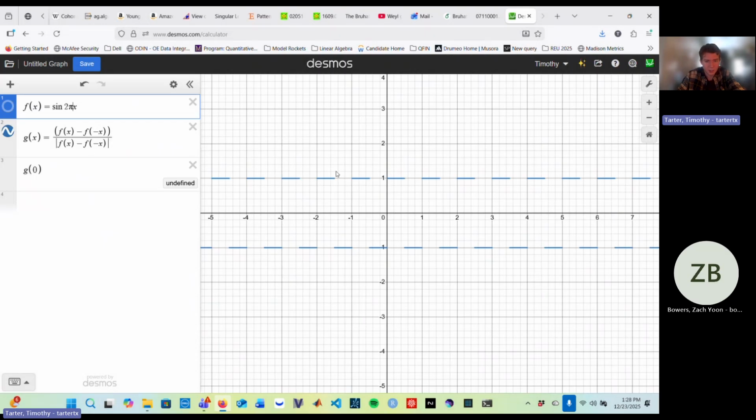Yeah, so sine of 2 pi x definitely does give us this 1/2 thing. Right? 0, 1, 0, 1. Yeah, that makes sense. The cosine bit is 0 over 0.